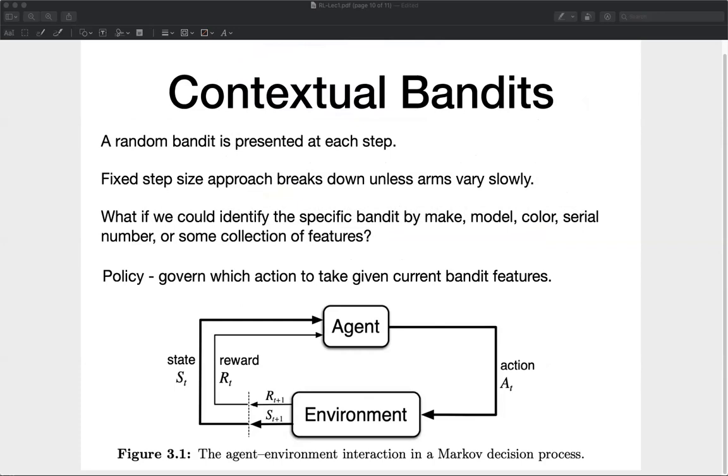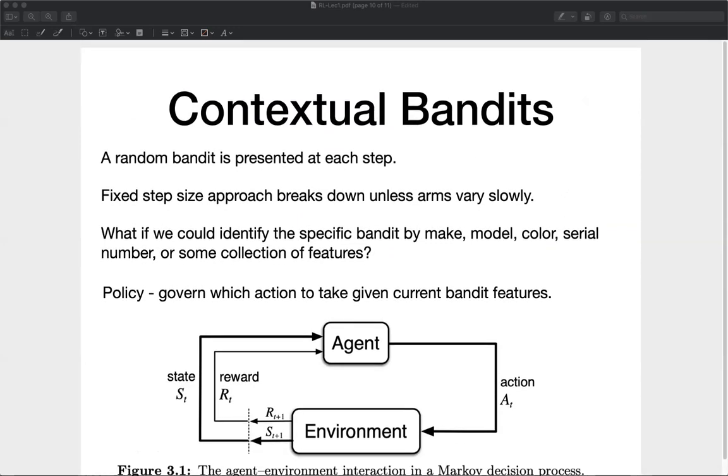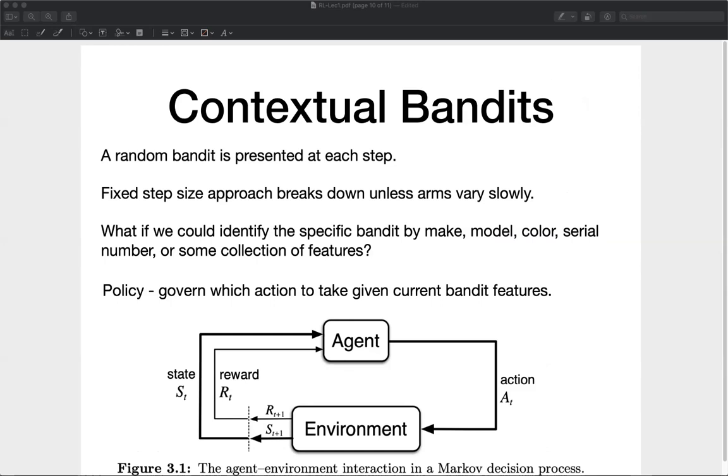Okay, so well, let's take a step back. So now we have a way to determine the value of the arms on this 10-armed bandit. We can use either that upper confidence bound or an epsilon-greedy method or some other way to optimize the learning.